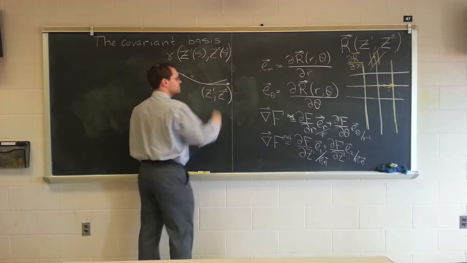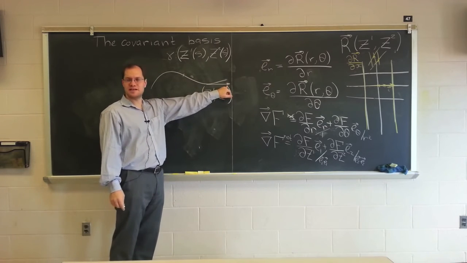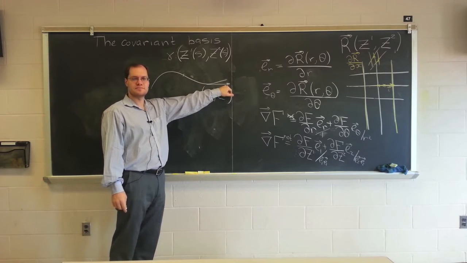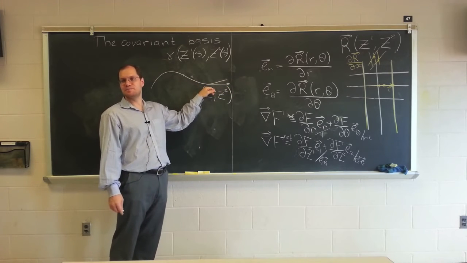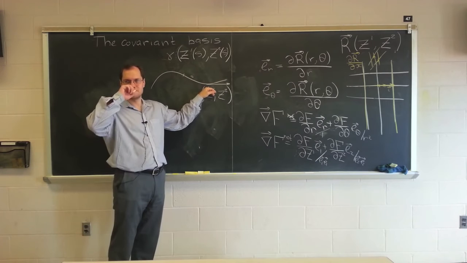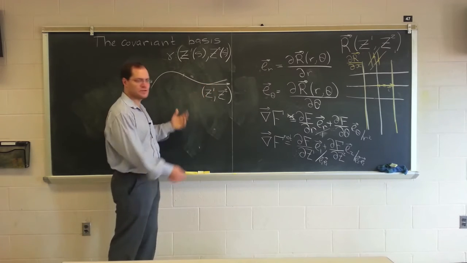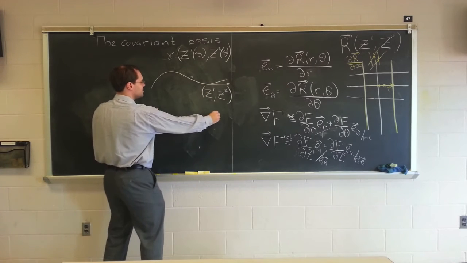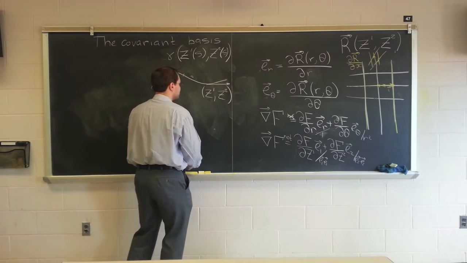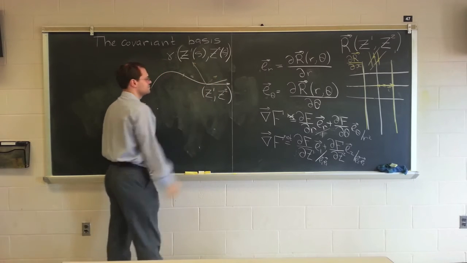Here's the unit tangent. What are the components of the unit tangent with respect to the covariant basis at this point? You can't even draw the covariant basis at this point, right? Because in polar coordinates it'll be one thing. If this is the origin of our polar coordinate system, then the covariant basis might look something like this.